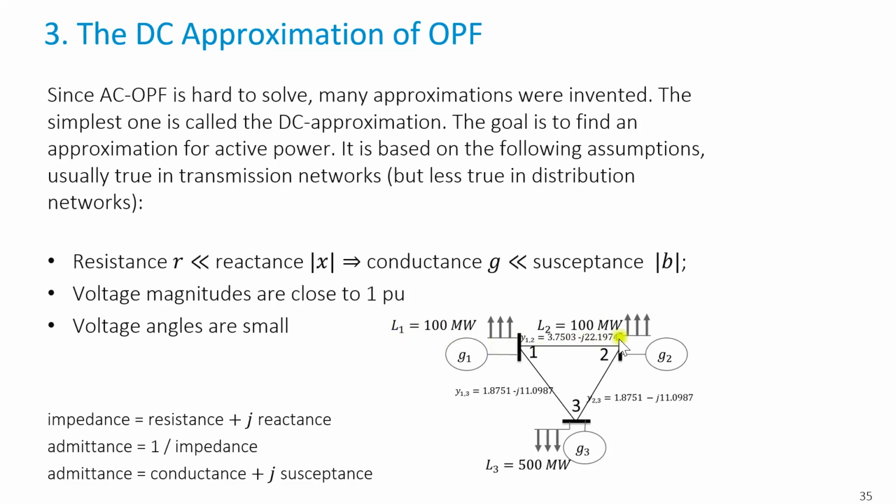And given the values that we find in inductances on lines, the voltage angles must be small. Otherwise, typically the power flows are huge and something is probably not working in your grid. So those are steady state assumptions for high voltage grids here.